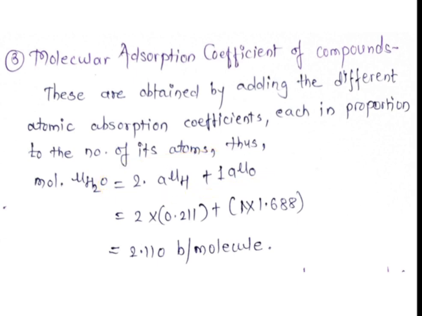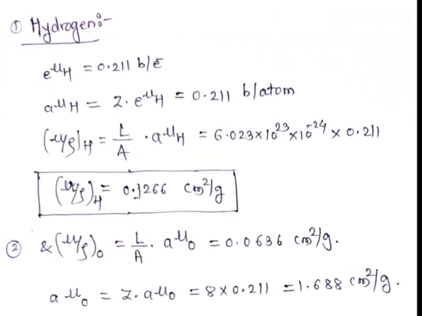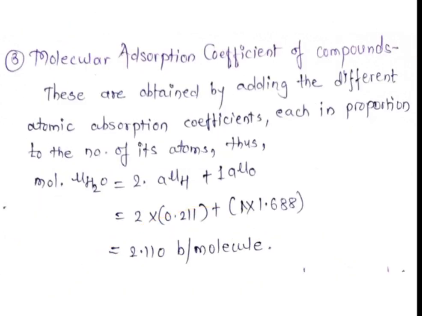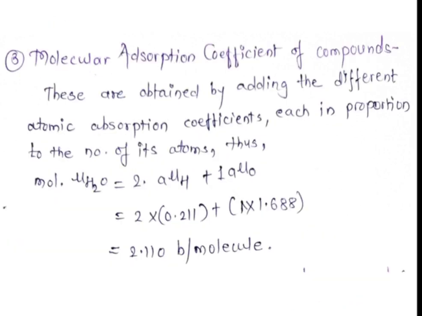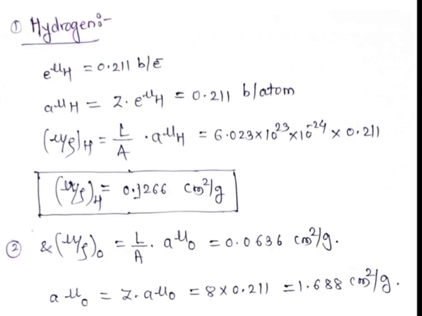The atomic absorption coefficient for the hydrogen, which we have observed, is 0.211 barns per atom. So write 0.211 into 2, because 2 hydrogens are there, plus 1 into the atomic absorption coefficient of the oxygen, that is 1.688 barns per atom.